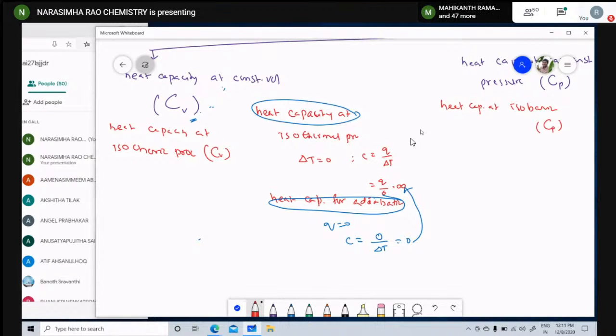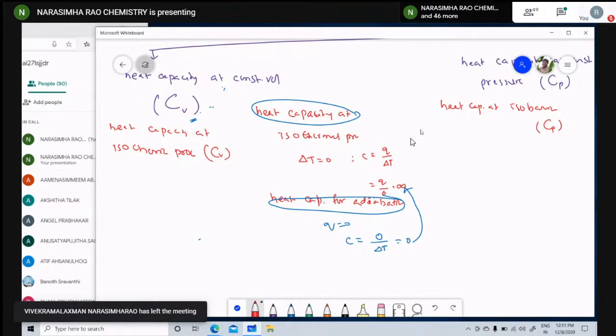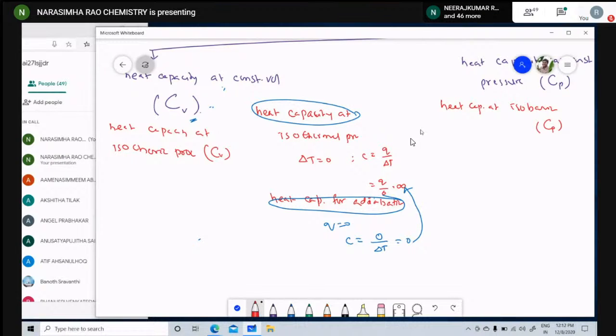Now we know that H is equal to E plus PV. Later we will learn about this one.